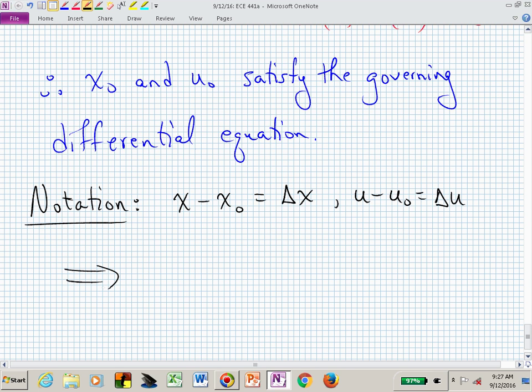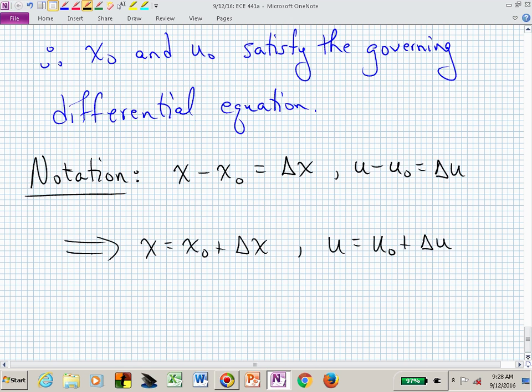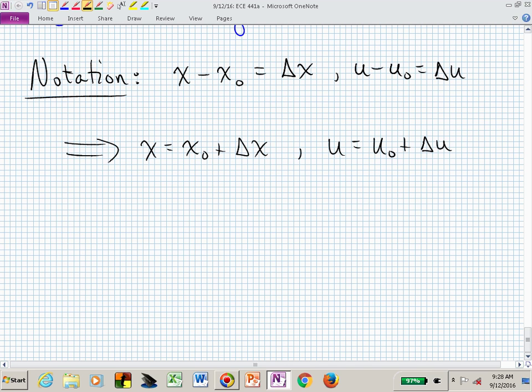That means that anywhere I see an x, I could just as easily say, well, that's x naught plus delta x. Or if I had the input u, I could say that that's u naught plus delta u. Let's now use this notation in our particular Taylor series formulation.